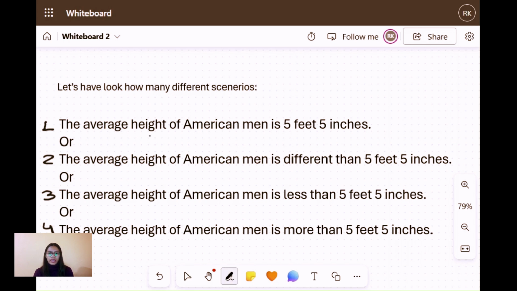So the first scenario can be that the average height of American men is 5 feet 5 inches, and the others are that it is different from 5 feet 5 inches, less than 5 feet 5 inches, or more than 5 feet 5 inches. We will discuss the first scenario and its corresponding p-value, and then we will move forward one by one.